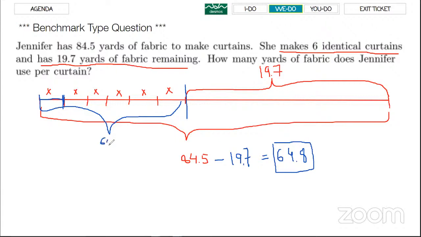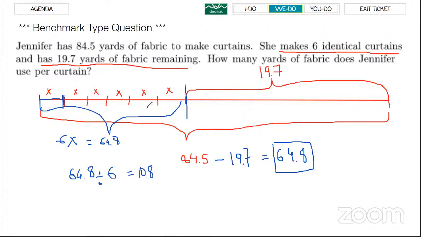So the total of those x's, which is 6 x's, is equal to 64.8. And if you divide that 64.8 by 6, you're going to get the length per curtain. So divide by 6. I apologize, my handwriting is getting so bad. So that will be equal to 10.8. Thank you so much. I have 4 students who answered.